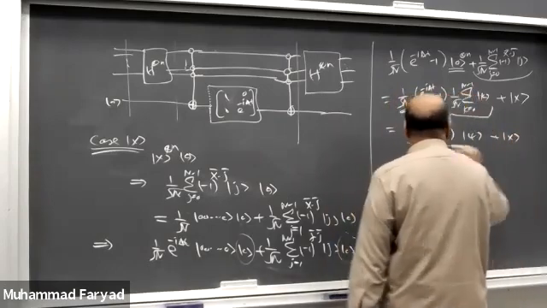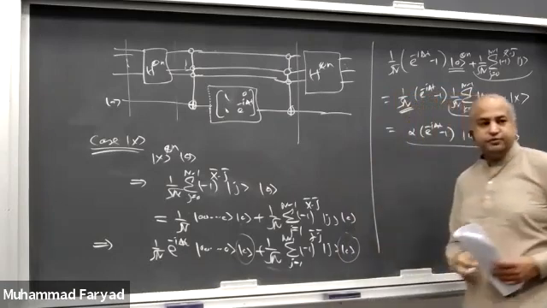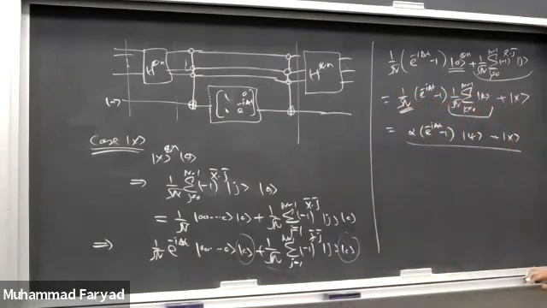So this is what our circuit should have been doing to the x input. So it means this does the job for x.